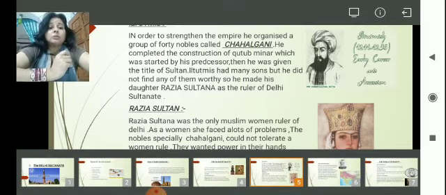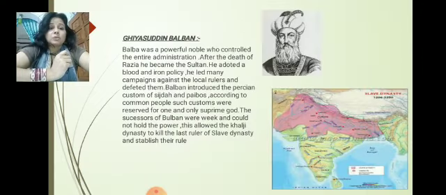Now, the next ruler of this dynasty was Ghiyasuddin Balban. He was a very powerful noble who controlled the entire administration. He was among the 40 nobles, the Chahalgani. After the death of Razia, he became the Sultan. He adopted the blood and iron policy. He led many campaigns against local rulers and defeated them.